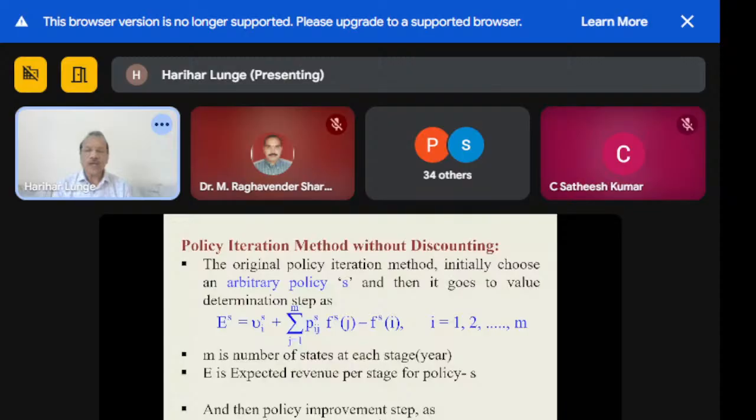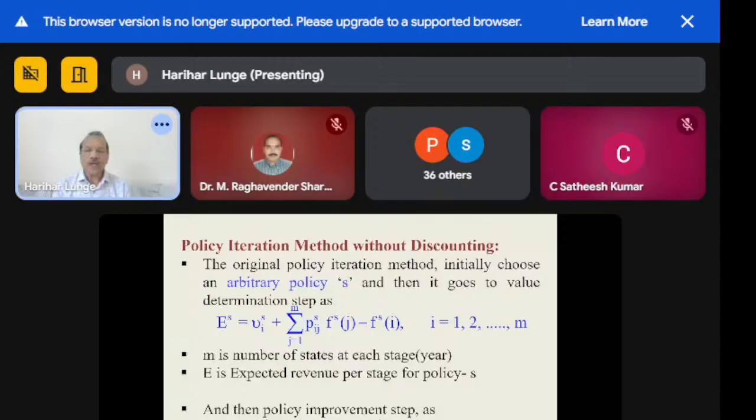Therefore, we suggest that you select the policy judiciously. So we propose this modified policy iteration algorithm that obtains this V_i^K. We have P_ij, the transition probability matrix, and R_ij, the return matrix, for the various policies. After obtaining V_i^K, we select the maximum of V_i^K. We select the stationary policy S for which V_i^K gives the maximum value.